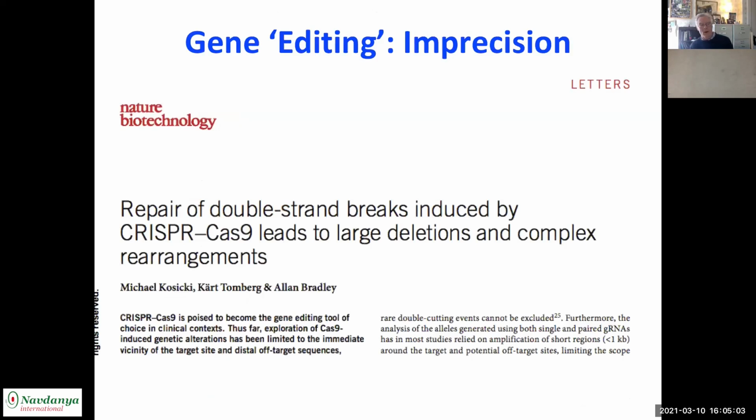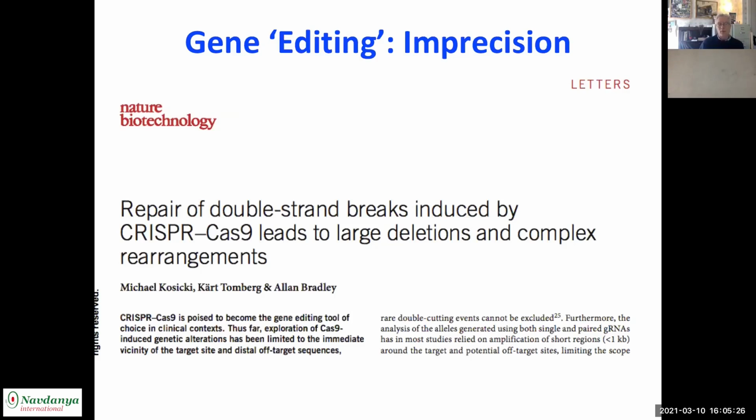So I just want to go through some of the research about the kinds of imprecision that are associated with gene editing. This was a paper that was published a few years back, I think it was 2016, and it kick-started the whole idea that gene editing might actually, despite its name, not be very precise after all.